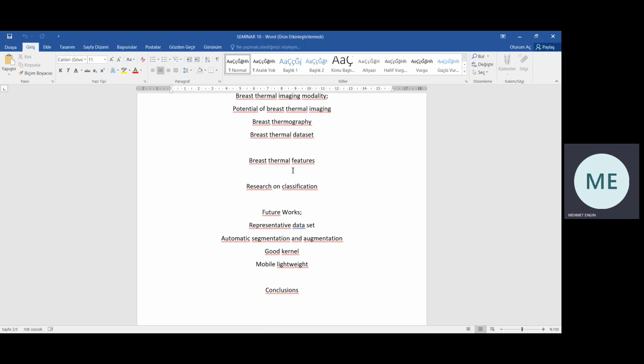In general, the highest average mean temperature deviation of patients with breast cancer and benign is approximately 0.5 degrees Celsius, and with the healthy one is approximately 0.85 degrees Celsius.